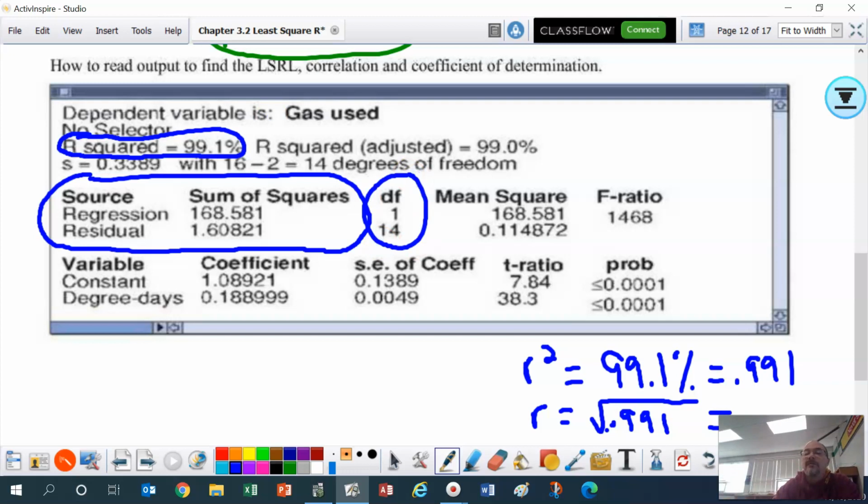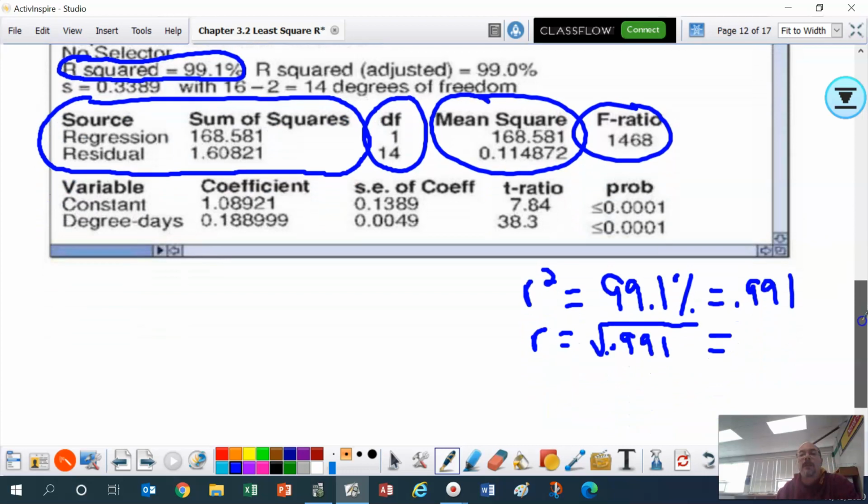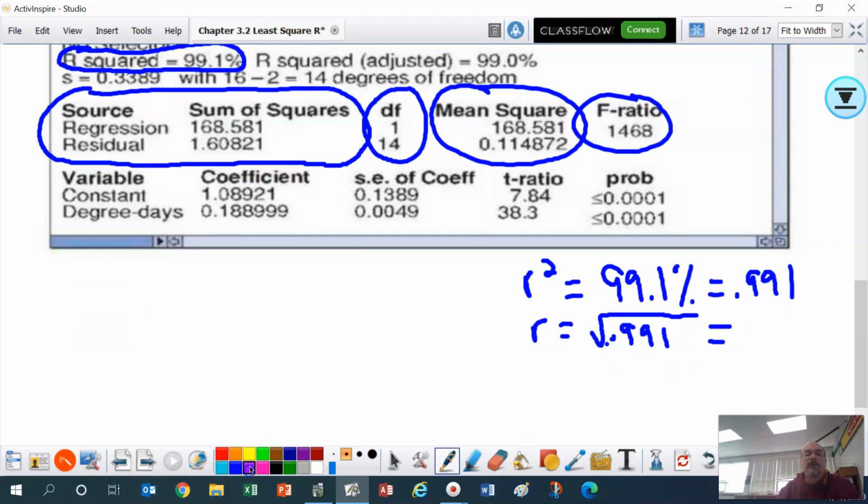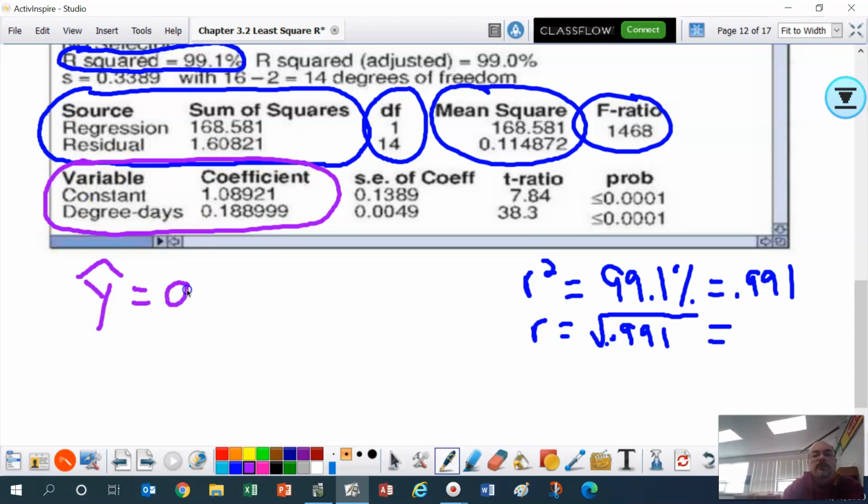I'm going to teach you that stuff later. The mean of the square and the F ratio, we don't need to worry about those now. So really, what I just circled in blue, we don't need to worry about. But down here, this is where we can write our equation. You just have to understand what is what, okay?